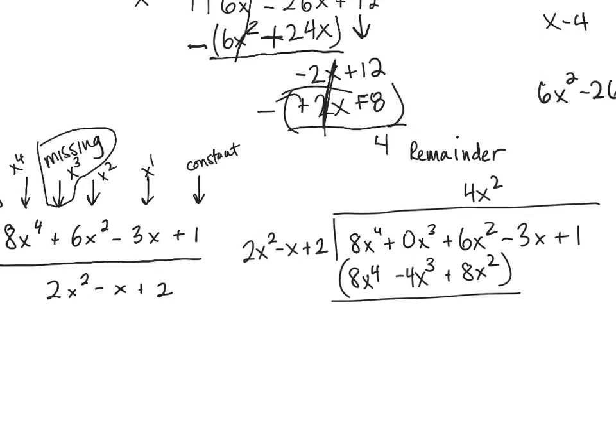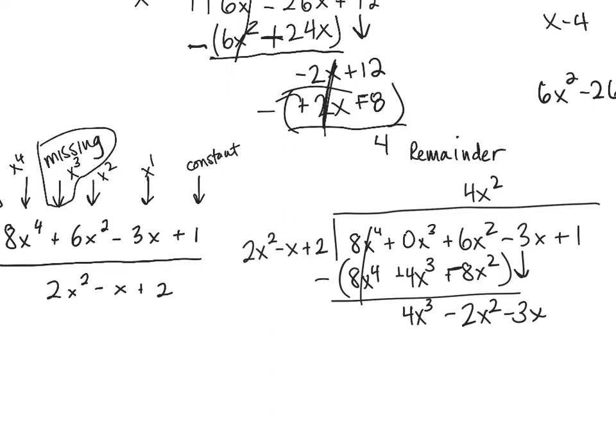Now we draw the line and subtract the whole expression. Remember to subtract the whole expression, not just that first term. So the first terms are going to cancel. This becomes a plus, so it's 4x cubed. This becomes minus, so this is negative 2x squared. And then we drop down and continue on.